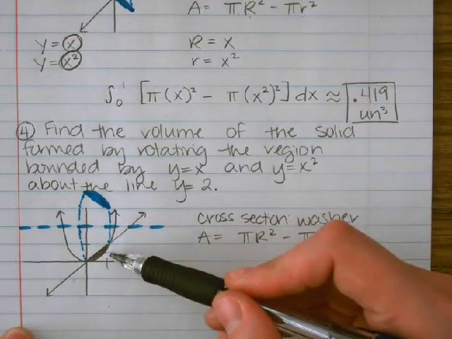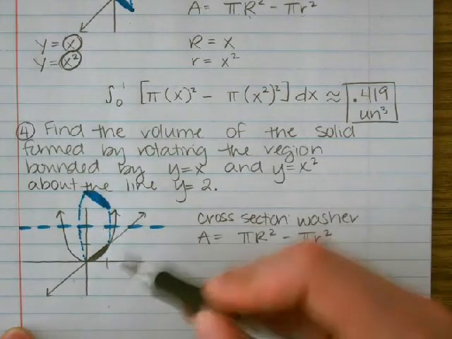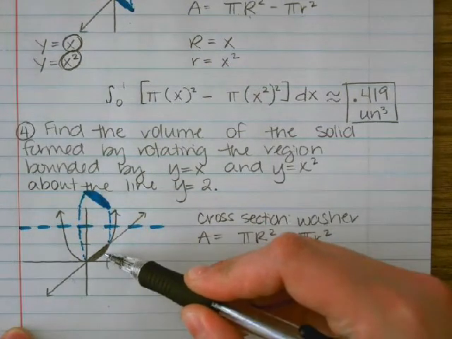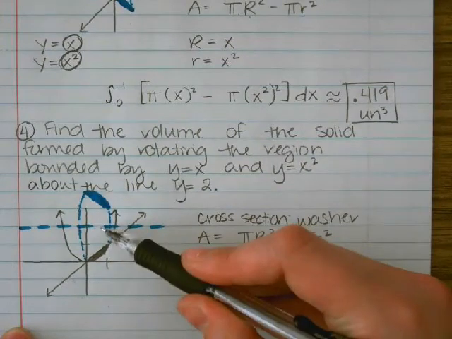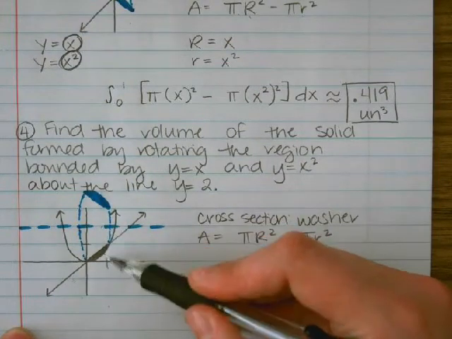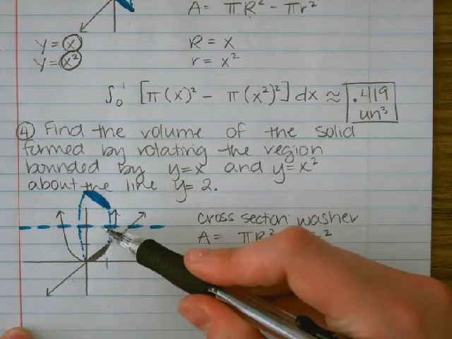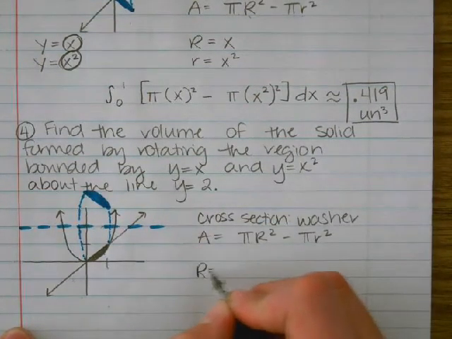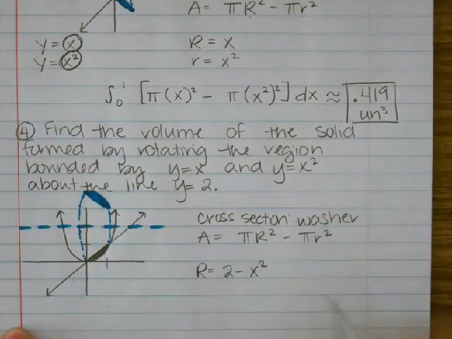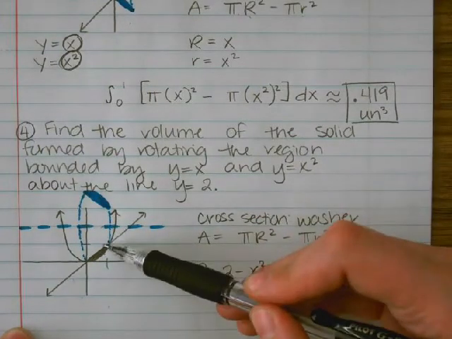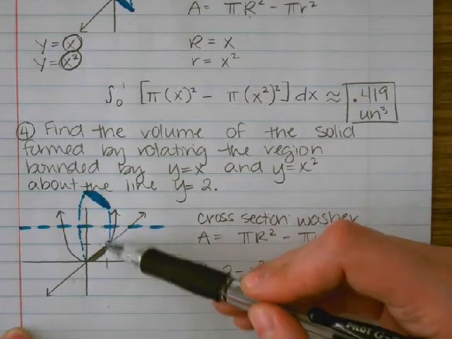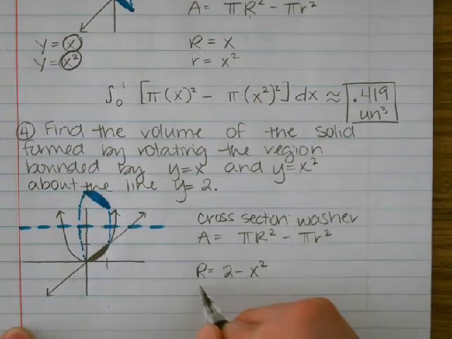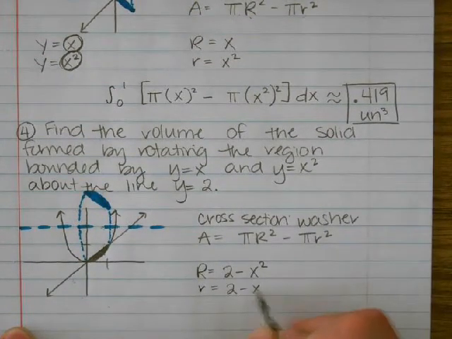And the radius of the bigger circle is going to be from this edge, which you can see is from x squared, to this line right here. And so to find the distance between those, we're going to say top minus bottom to find the big radius. And then the smaller radius would come from that straight line. So we're going to do, again, top minus bottom.